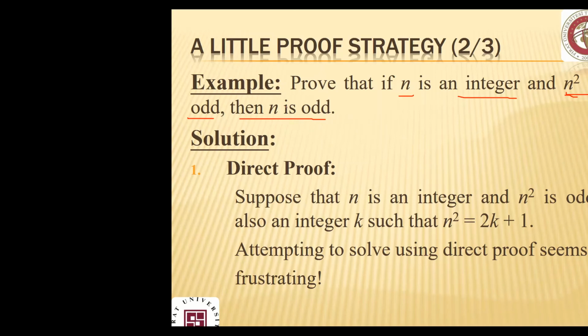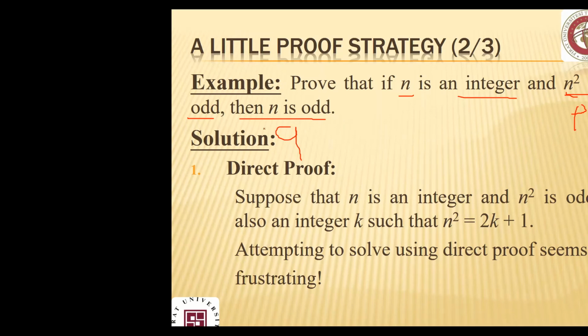The contrapositive says, if you say this is P and this is Q, P implies Q can be replaced by not Q implies not P. Let's apply. Not Q means what? Not Q, n is odd, negated, n is even, implies not P, n squared is even.